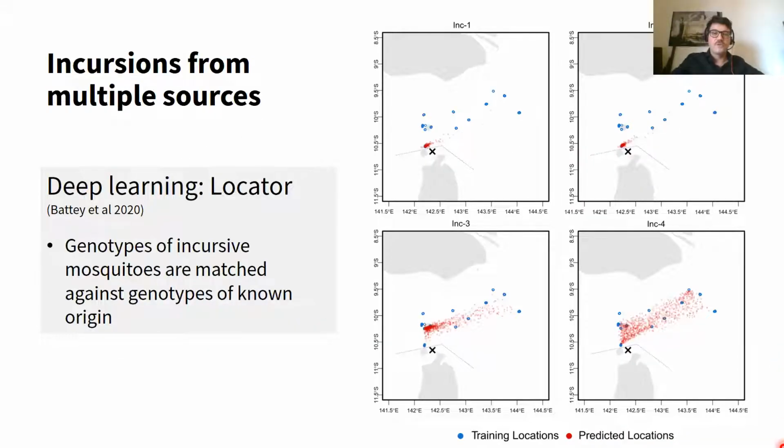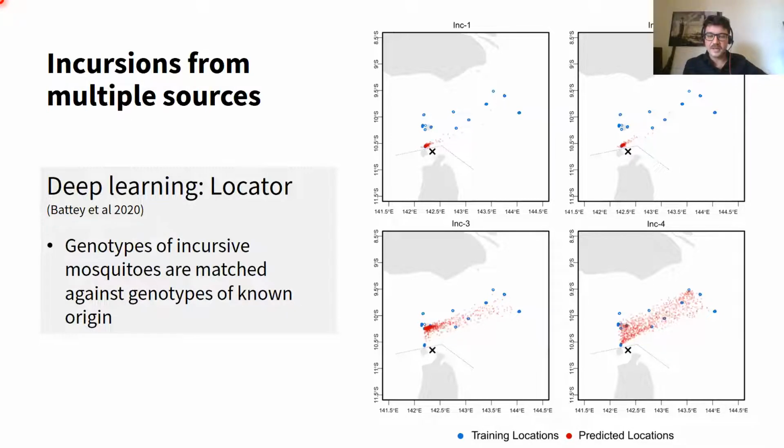So here's what we found overall. To trace these incursions, we use a method that's just come out called Locator, and Locator is really good. It's a deep learning method, but what's cool about it is that it treats genotypes individually.